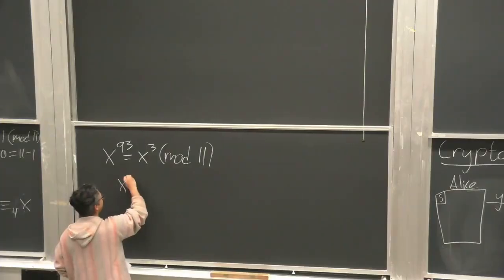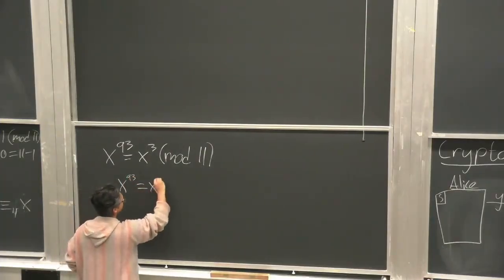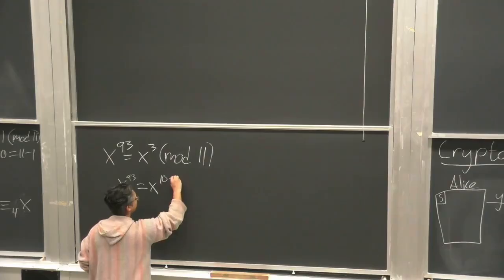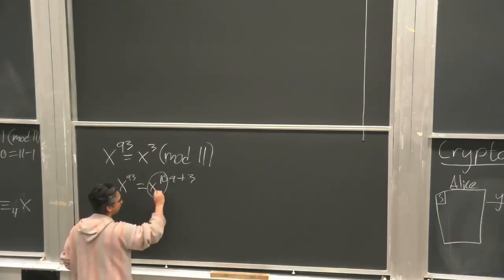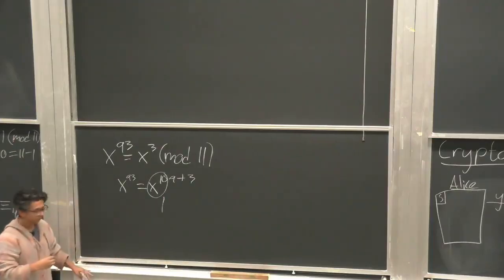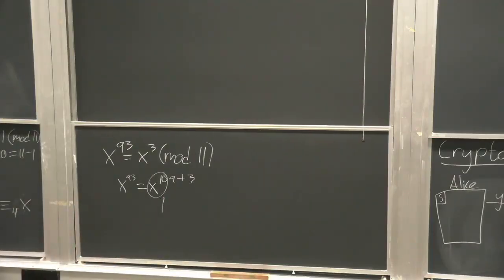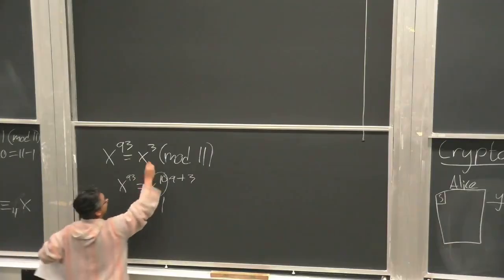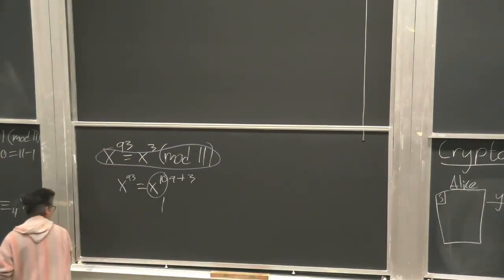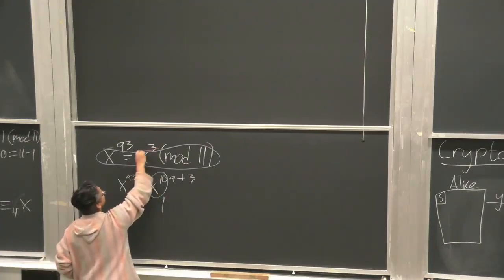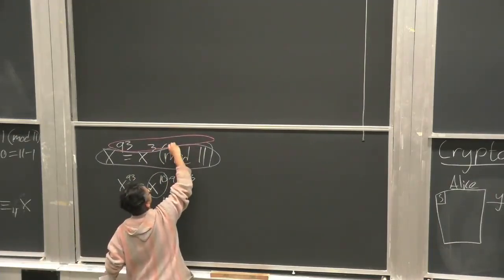Because x to the 93 is really x to the 10 times 9 plus 3. This 10 is 1 for Fermat's little theorem. So the real point here is that, again, we have mod 11 down here, and up here, we have mod 10.